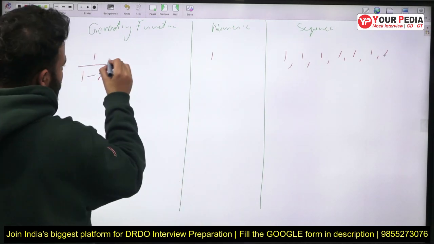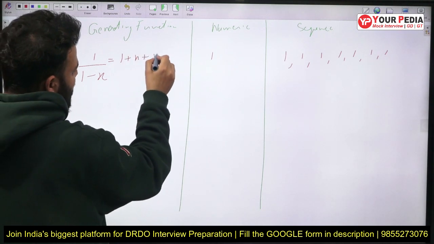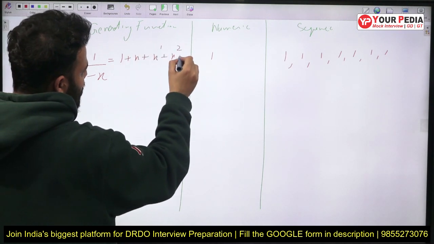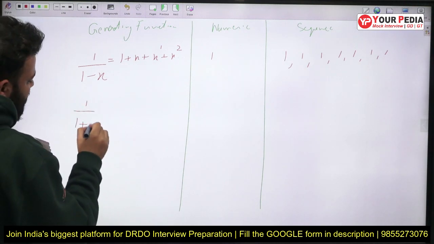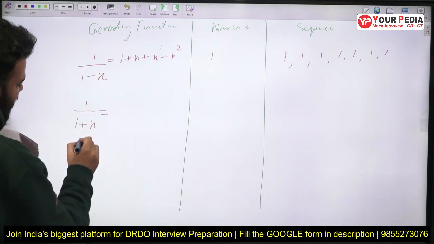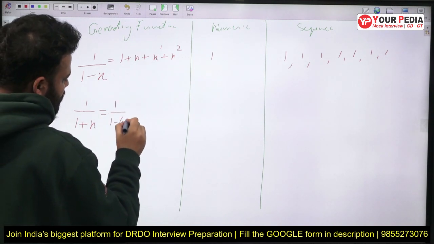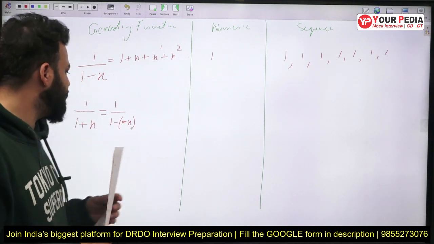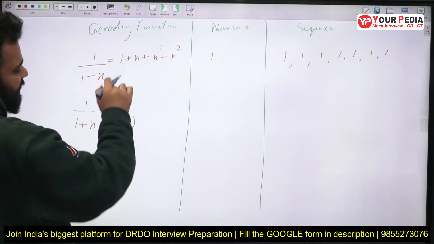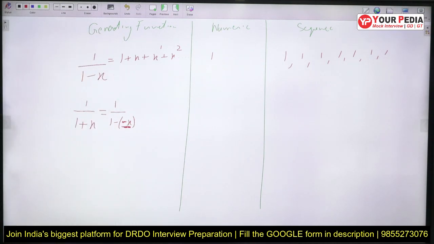If you want to write the expansion of this, it is 1 plus x plus x2 and so on. Now if I change it a little bit, you can write it as 1 by 1 plus x. Now it will behave as 1 minus x, so the term inside the bracket is minus 1.